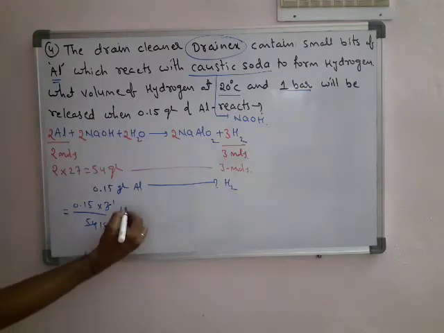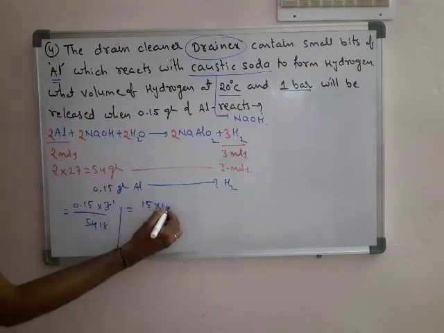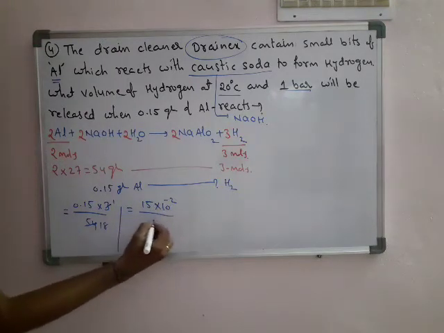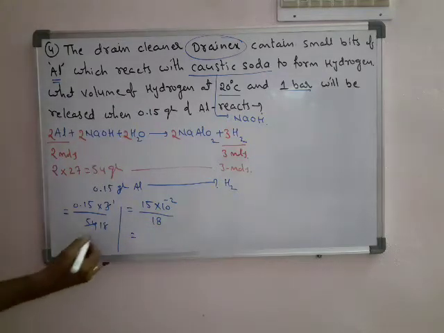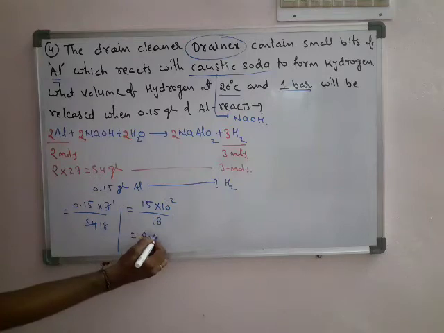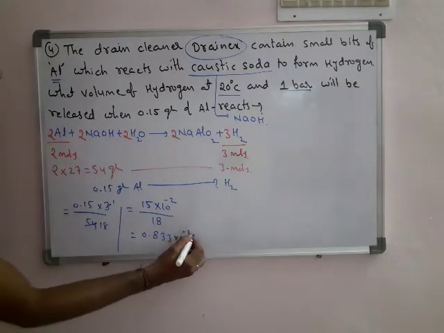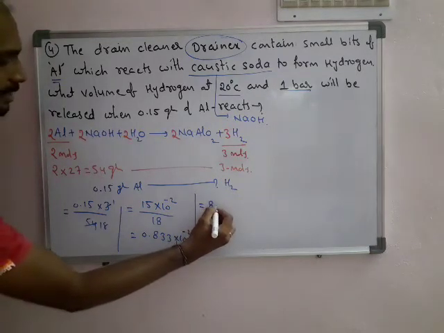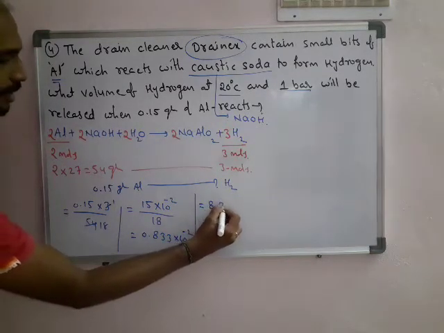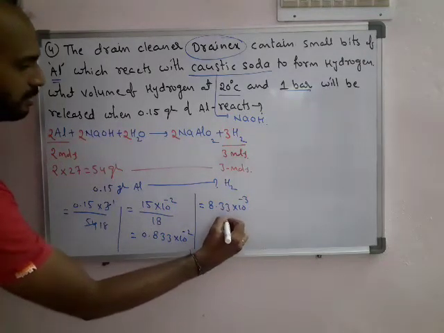So finally, after the calculation, here we get 0.833, so that is equal to 8.33 into 10 power minus 3 moles.